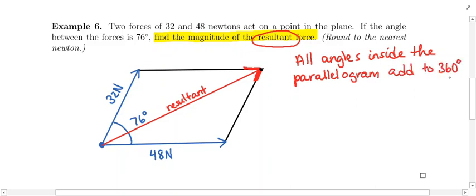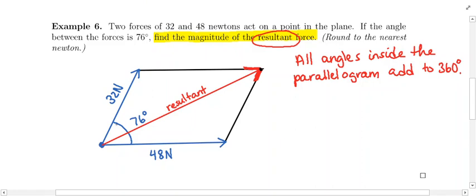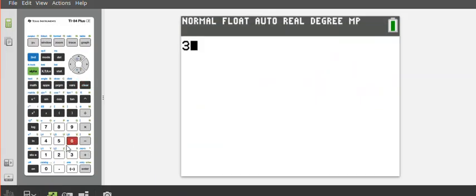So when we look at this, the way parallelograms work, see this 76-degree angle? If you go straight across, this angle is also going to be 76 degrees. And so that means that we can take 360 total degrees and take out the two 76s, and that's what's left for the other two angles.